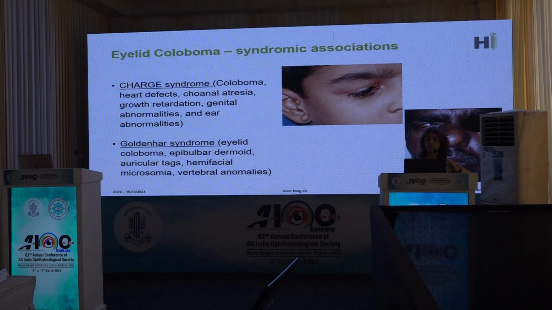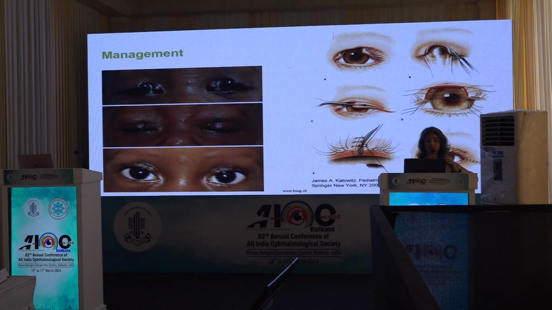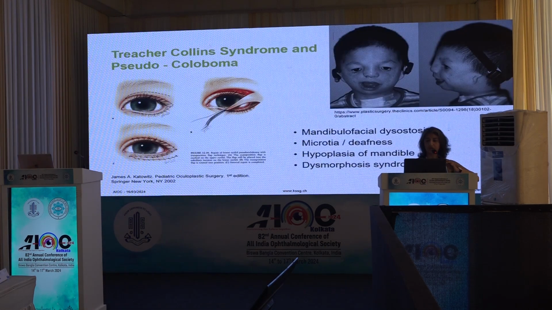The syndromic associations which we have to keep in mind are CHARGE syndrome, coloboma, heart defects, choanal atresia, and genital abnormalities, and Goldenhar syndrome. Management most of the time involves direct positioning, as in this case. Sometimes you can use a lateral cantholysis, which was not required.